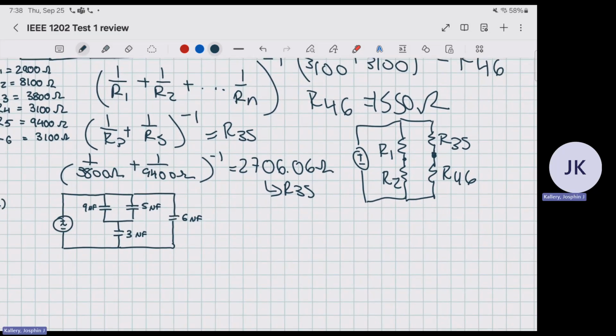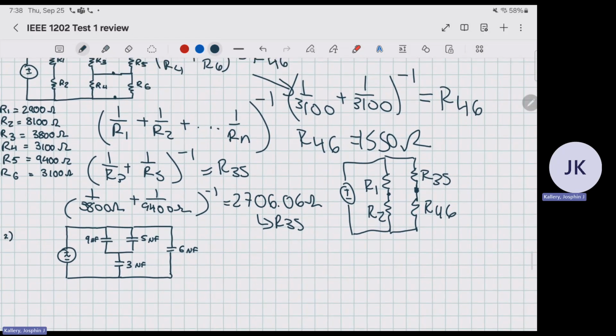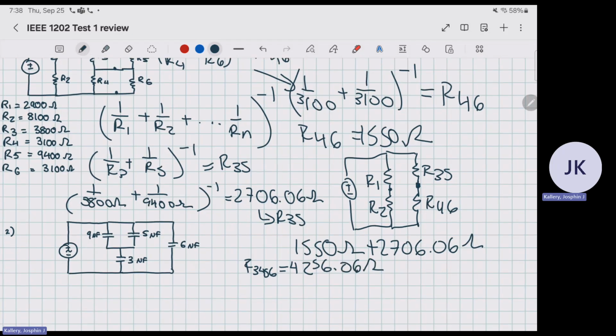So we have 1550 ohms plus 2706.06 ohms, and that will give us R3456. That should equal 4256.06 ohms.